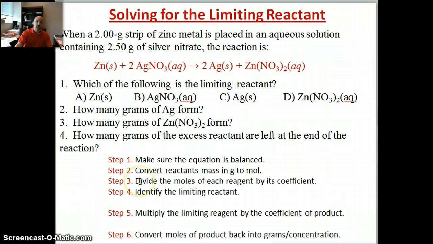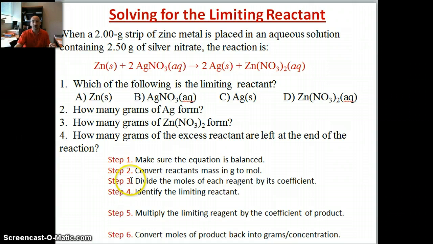Step 3 says divide the moles of each reagent by its coefficient. However many moles of zinc we have, we can divide by 1 because there's a 1 here. And for silver nitrate, when we convert these grams to moles, we can divide by 2. Then we compare the value from step 3 to the amounts identified in step 2 and ask ourselves, am I starting with enough reactant?